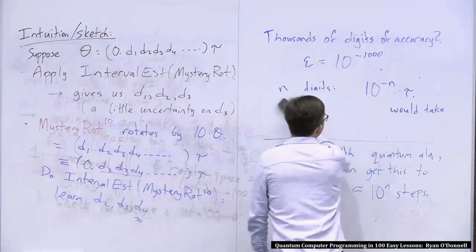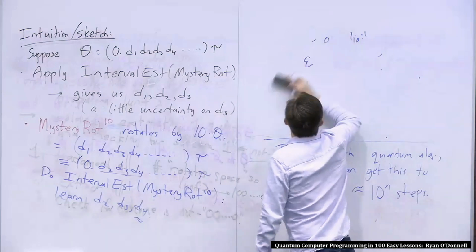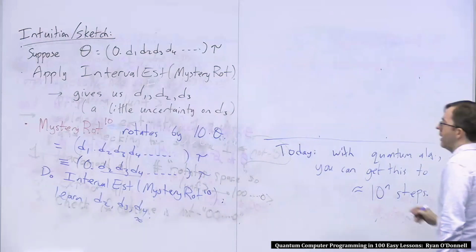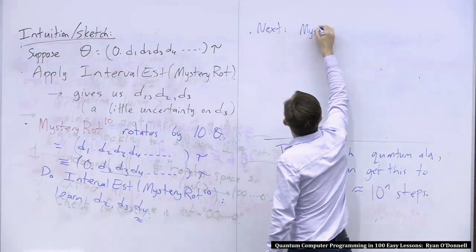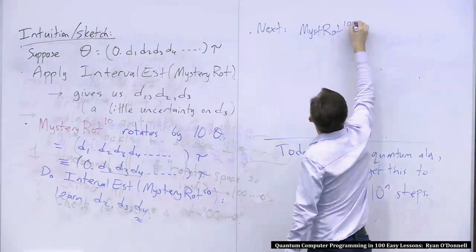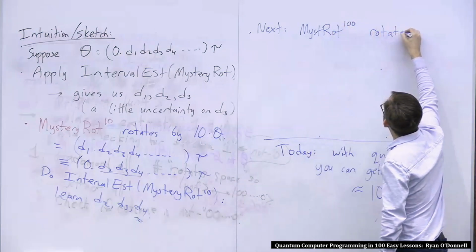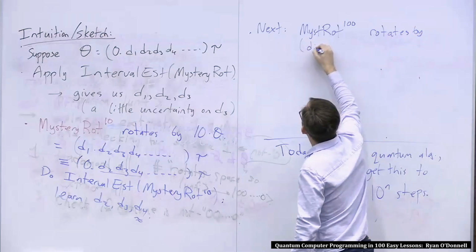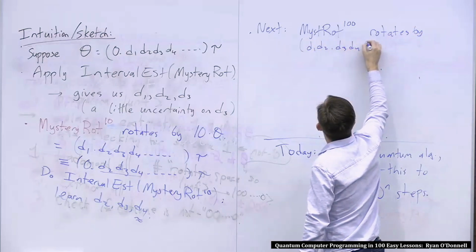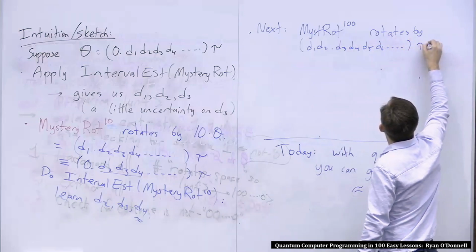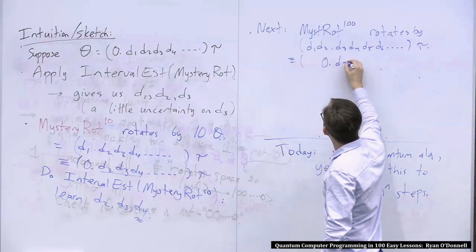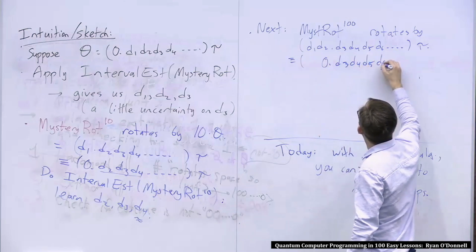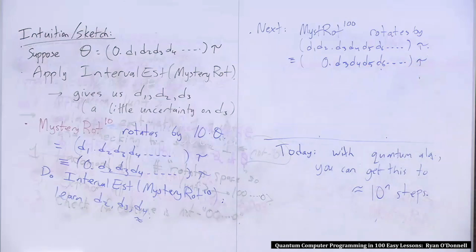Okay, now you might guess where I'm going with this. The next step is think about mystery rotation repeated 100 times. This rotates by how much? d1, d2, point d3, d4, d5, d6, dot, dot, dot, dot full rotations, which is the same as just the fractional part. Okay, I'll make this more precise, or we'll sort of do an example later.